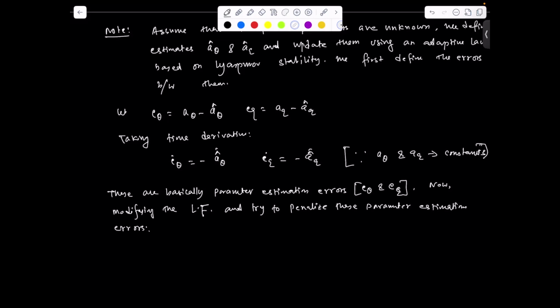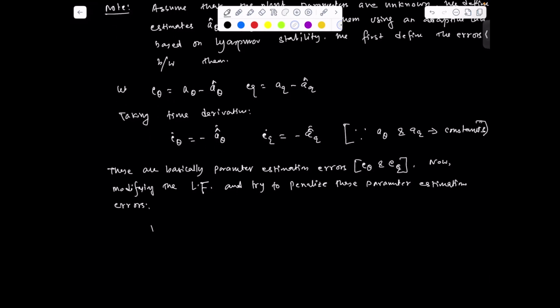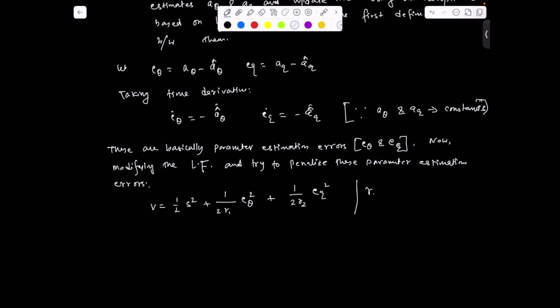We modify our Lyapunov function V equal to half S squared plus 1 upon 2 R1 E theta squared plus 1 upon 2 R2 EQ squared. Here R1 and R2 are the adaptation gains, and these are generally positive values.